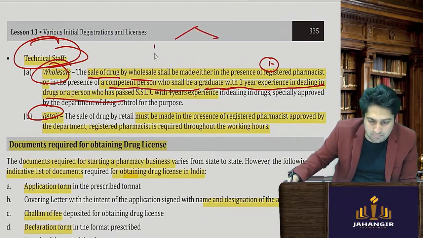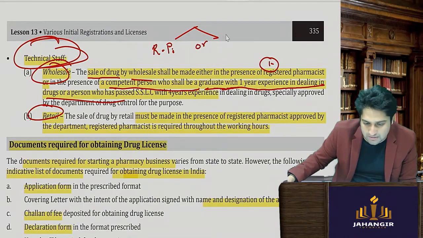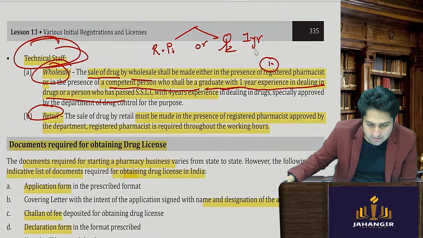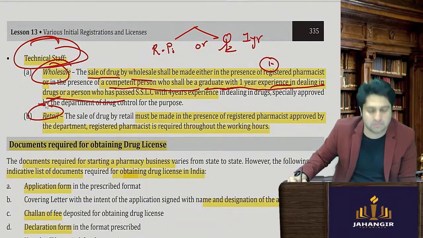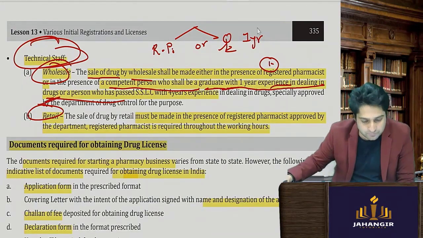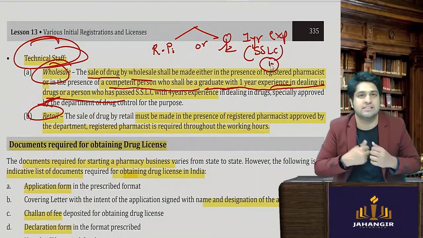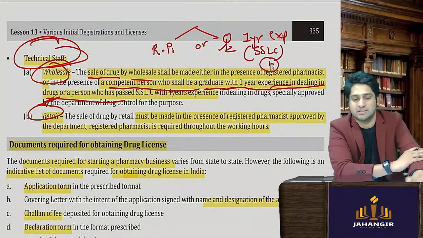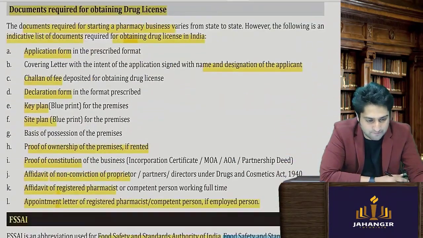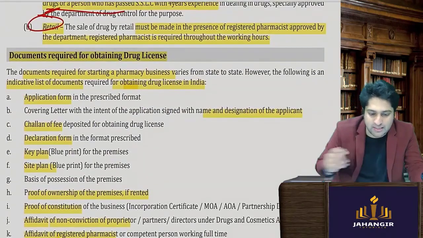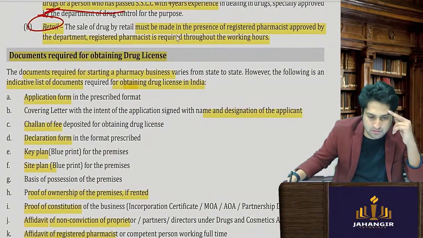So either it should be done by a registered pharmacist or by a person who has at least 1 year of dealing in drugs, in all these medicines. Okay, 1 year of experience, but he should have completed his college, so SSLC. So he should have his secondary school leaving certificate. That's your college. Okay, and in retail, he must be in the presence of a registered person.